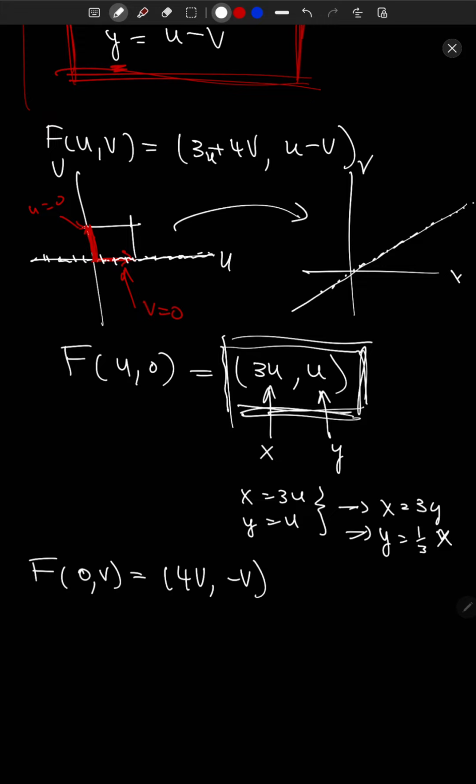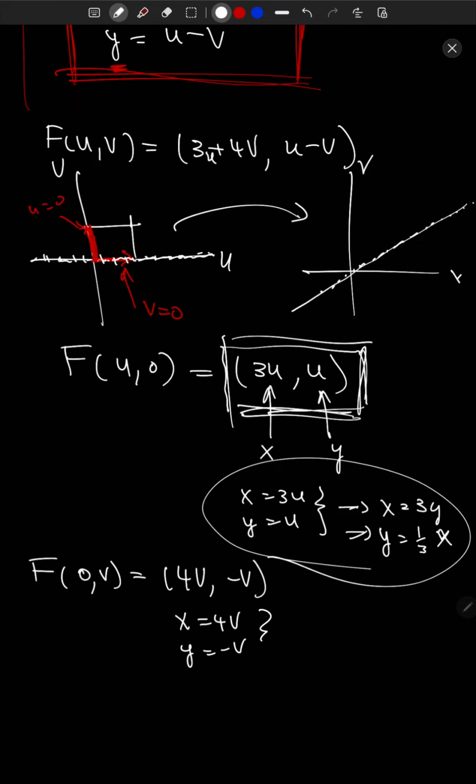And if you do the exact same analysis, x is equal to 4v, y is equal to minus v, that tells me x is equal to minus 4y, which tells me y is equal to minus 1/4 x. And so the vertical line corresponds to something which is sloped minus 1/4. So maybe something like that on this side.